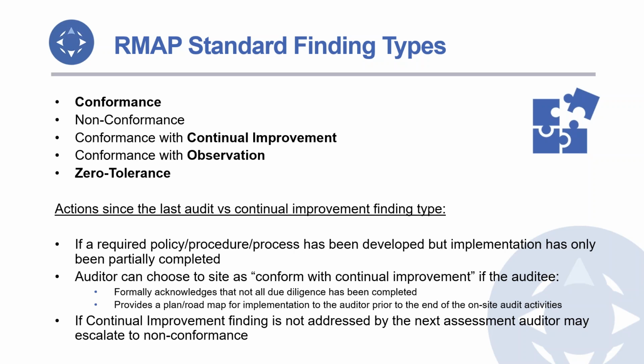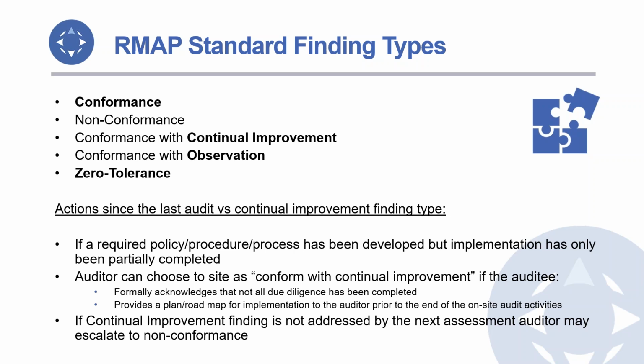So going back to the first, continual improvement. It is essential to understand that due diligence is an ongoing, proactive, and reactive process. And therefore, we are allowing, in cases where a required policy, procedure, process, or design has been developed but only implemented partially, for the auditor to choose to conform with continual improvement.